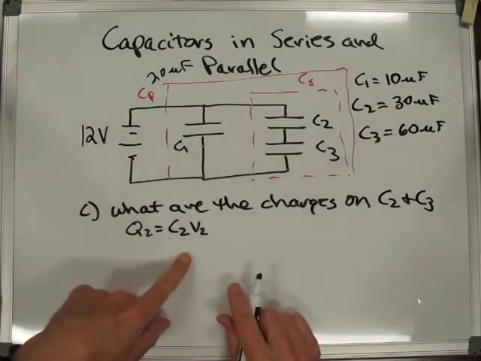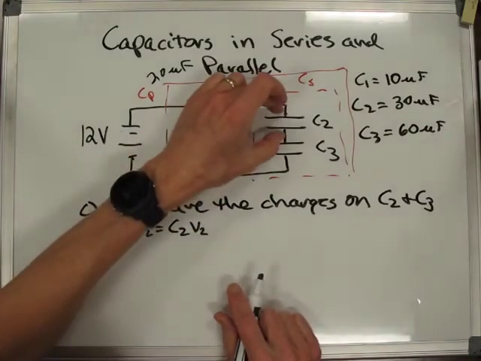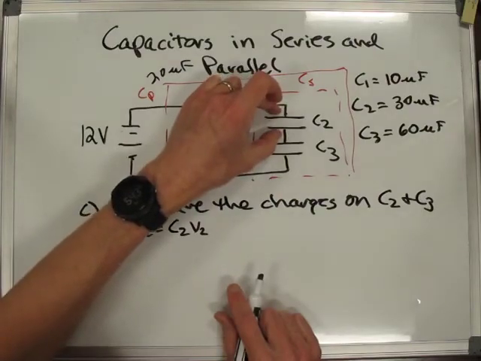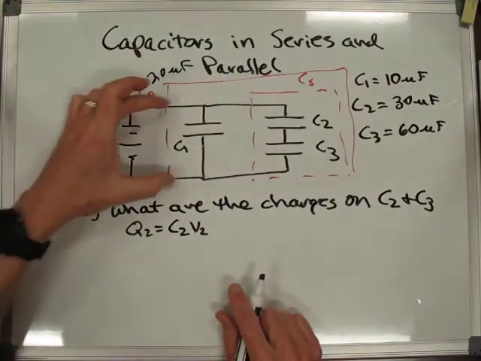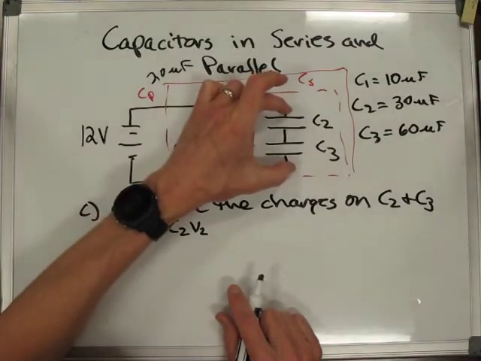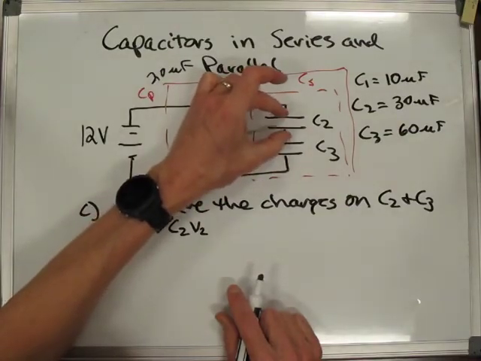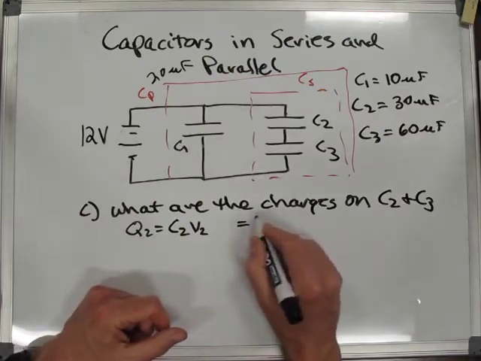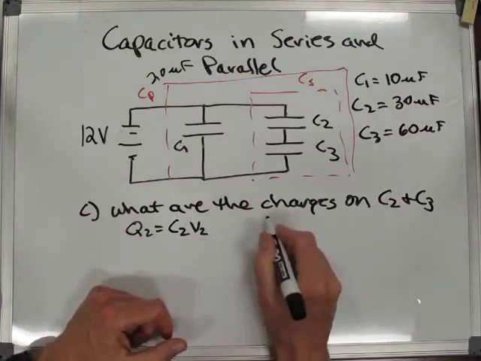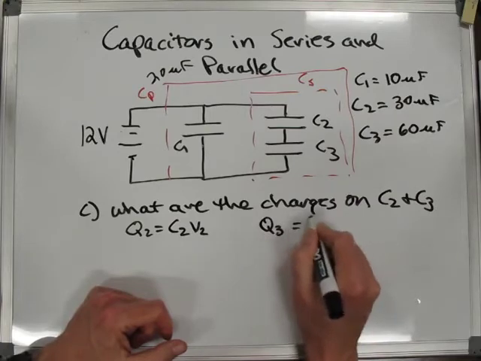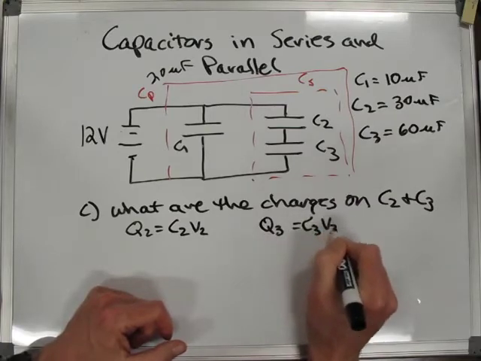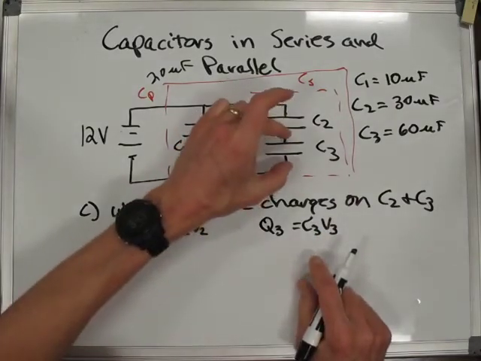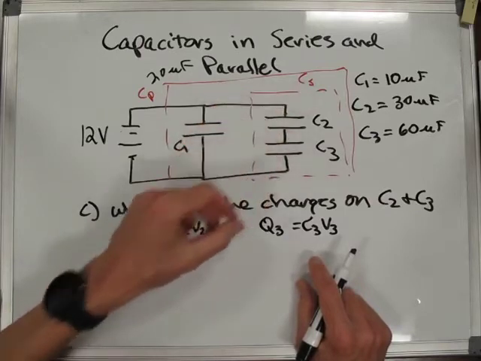The problem with that, of course, is that I don't know what the voltage is across this capacitor, because all I know is that the 12 volts is across the whole thing, not across just one capacitor in this string. And I could also say that Q3 is equal to C3 V3. But of course, I don't know V3 either. V3 is the voltage across this capacitor.